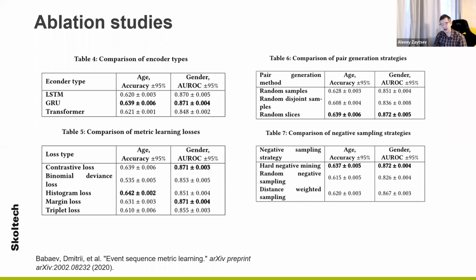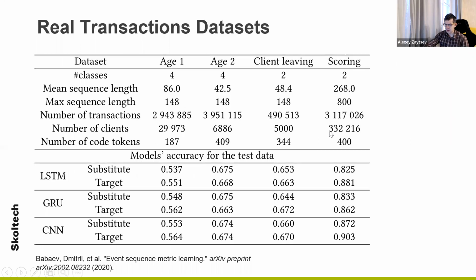Maybe my hypothesis is that these two particular data sets are not very large. And for images, we have a different picture because images are much larger than these age and gender data sets. And I suppose I have some statistics a bit later. Yes. So for the age data sets, we have about 30,000 clients, not a big number here.